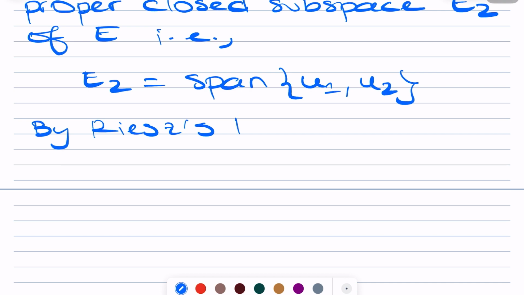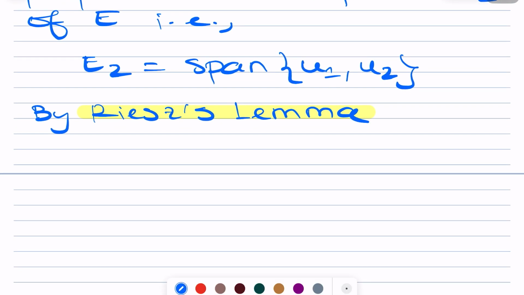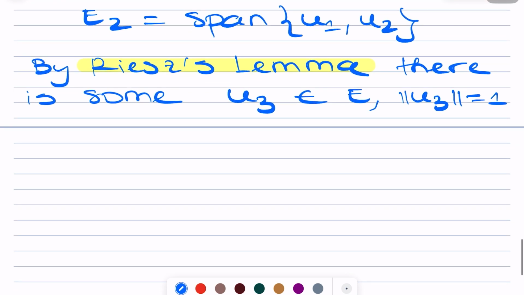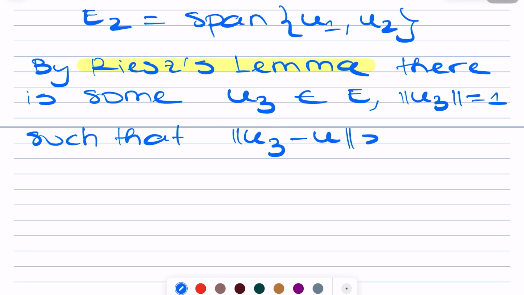the Riesz lemma, there is some u3 in E with norm 1, such that the norm of u3 minus u is greater or equal than 1 over 2.